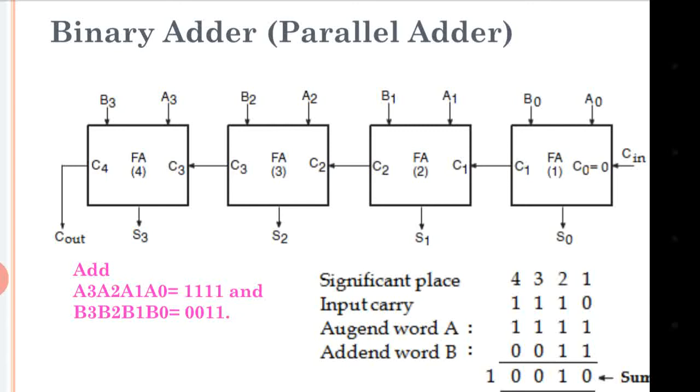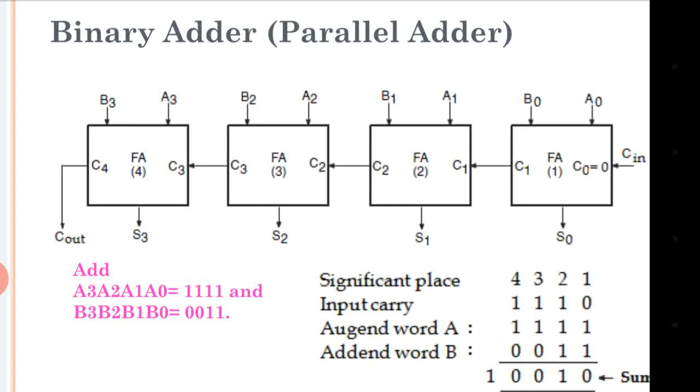So what is happening, A0 added with the B0, S0 will be generated and the carry generated in the full adder 1 in the diagram is forwarded to the next full adder. Here it will take the numbers A1, B1 and the carry generated in the full adder 1, and then it will generate sum 1 and carry 2. Again that carry 2 is forwarded. Now it will add the three numbers, that is A2, B2 and C2, and then S2 will be generated.